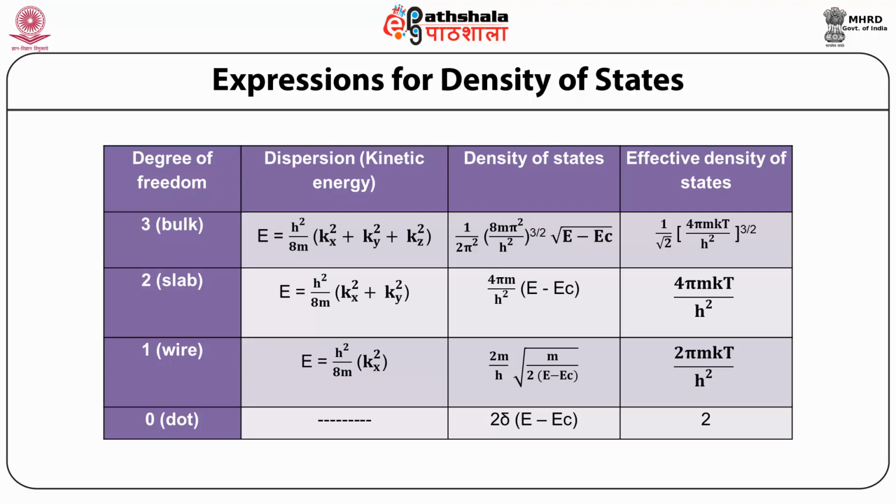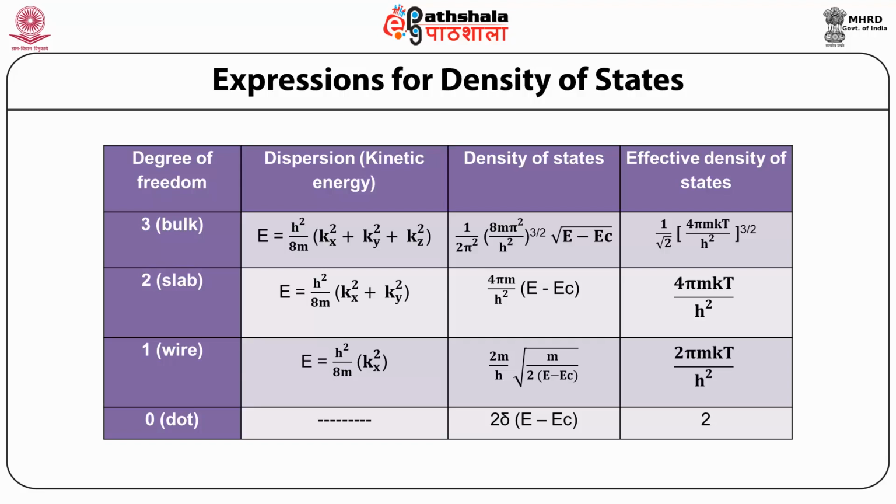And the density of states in this bulk system is 1 by 2 pi square (8m pi square by h square) to the power 3 by 2 under root E minus EC. And the effective density of states is written as 1 by under root 2 (4 pi m kT by h square) to the power 3 by 2.